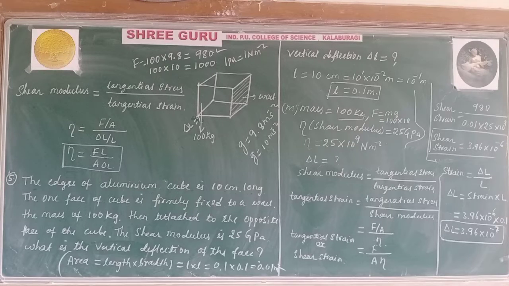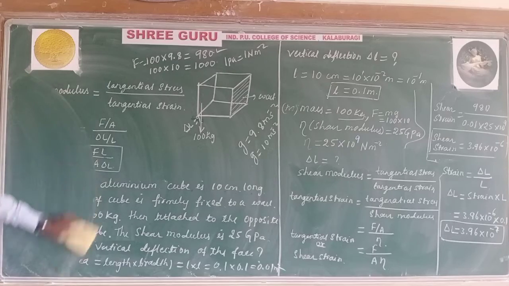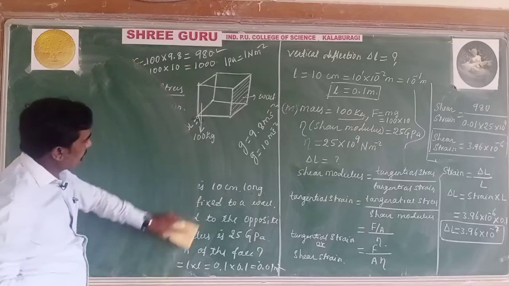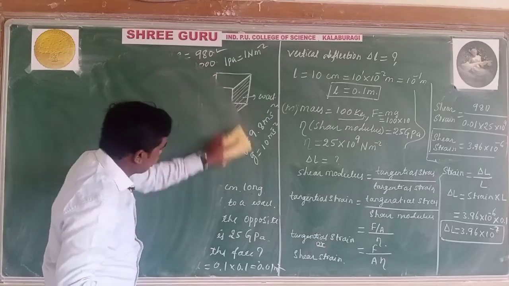Okay, next numerical. Is it clear? Okay, we'll move to the next numerical, that is question number 6. Numerical number 6.